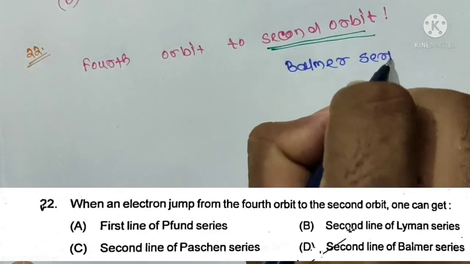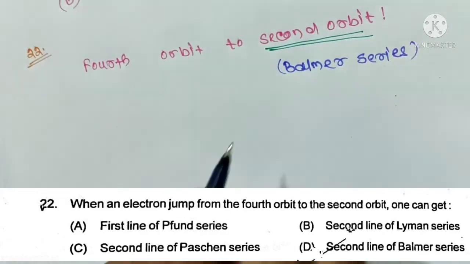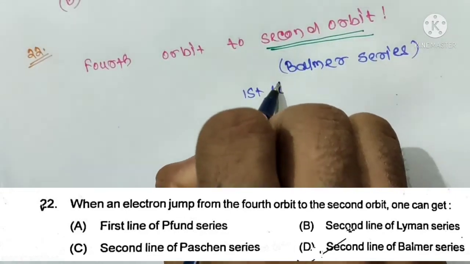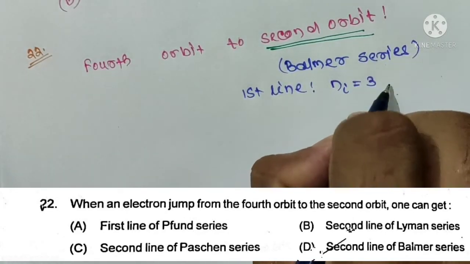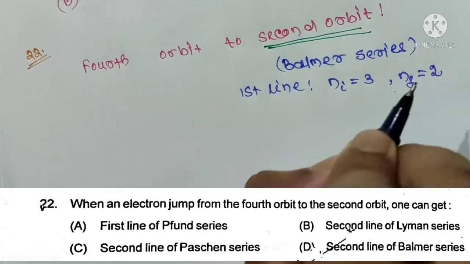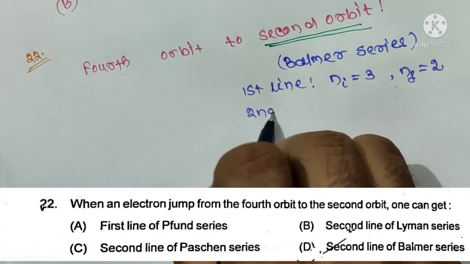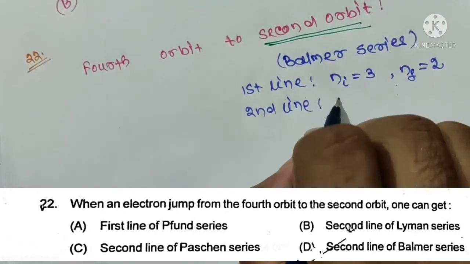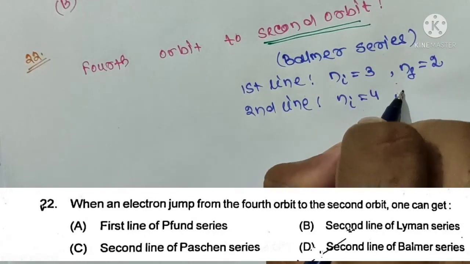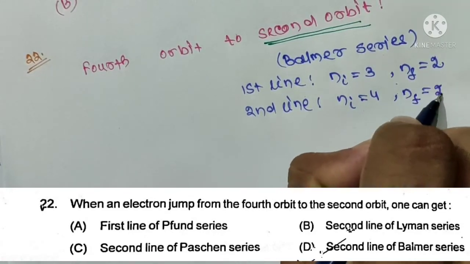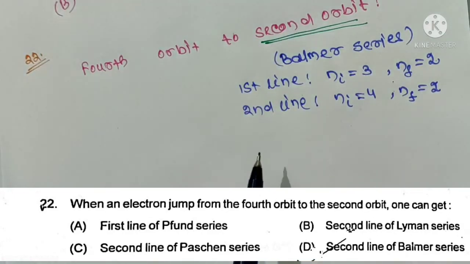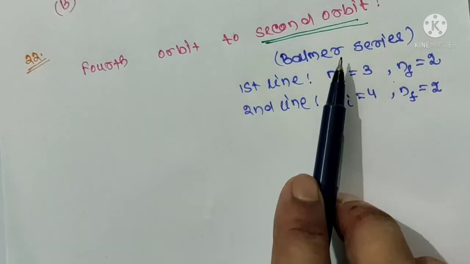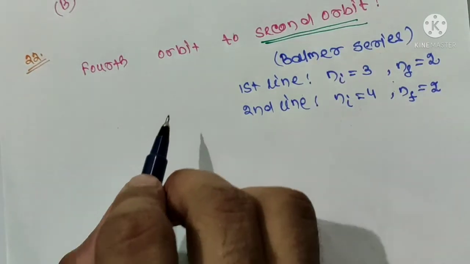The first line of Balmer series is for n initial equals 3 and n final 2, and the second line corresponds to n initial 4 and n final 2. As here the electron jumps from fourth orbit to second orbit, it results in the second line of Balmer series. So your correct option is option D.